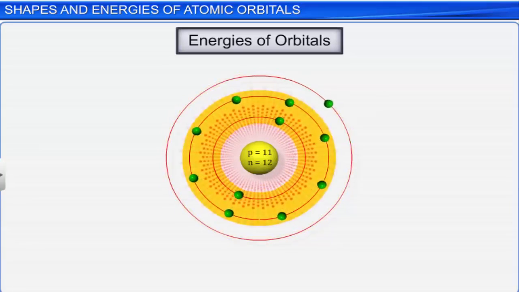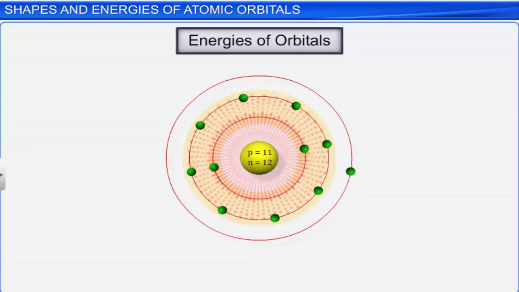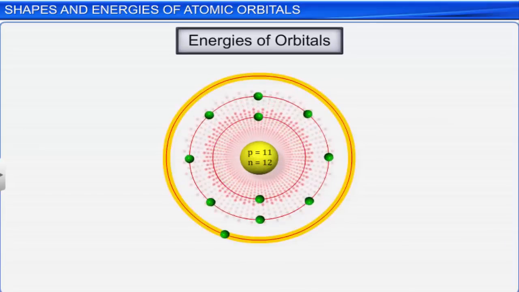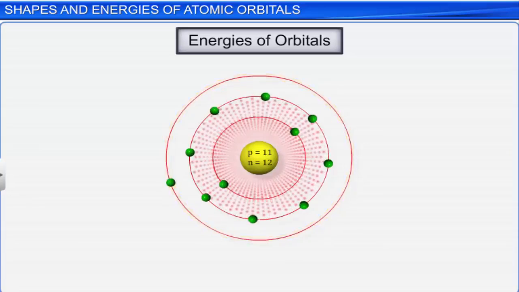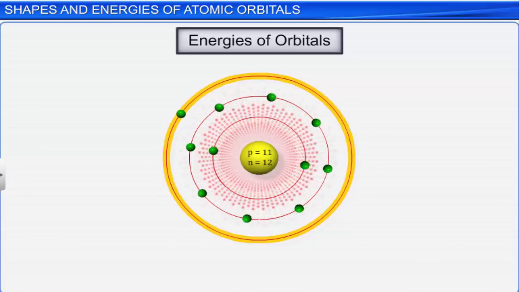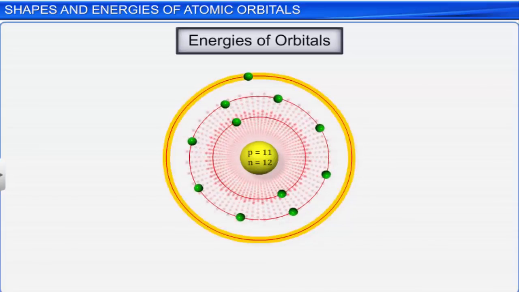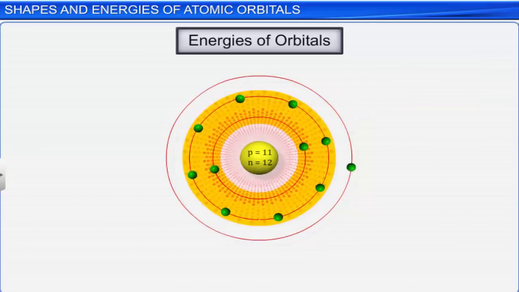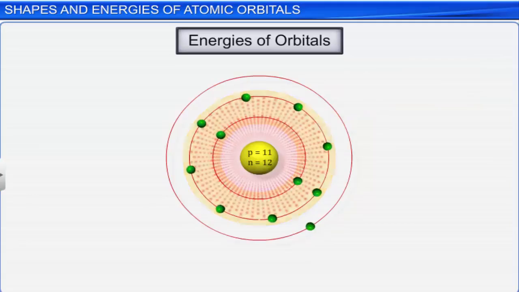Thus, the net positive charge experienced by the outermost electrons from the nucleus is called effective nuclear charge, and the shielding of outermost electrons from the attractive forces of nucleus by the inner shell electrons is called shielding effect or screening effect.